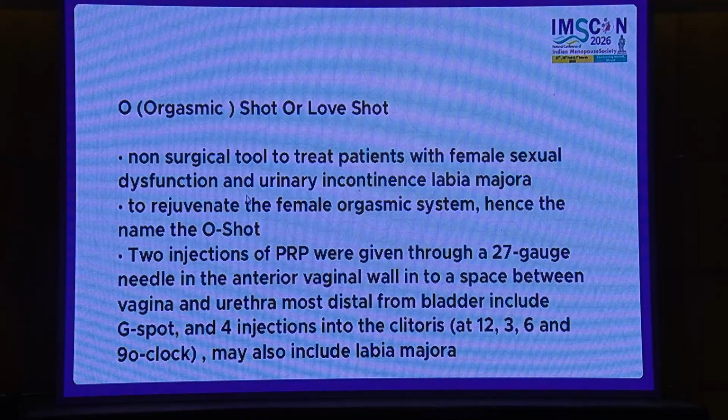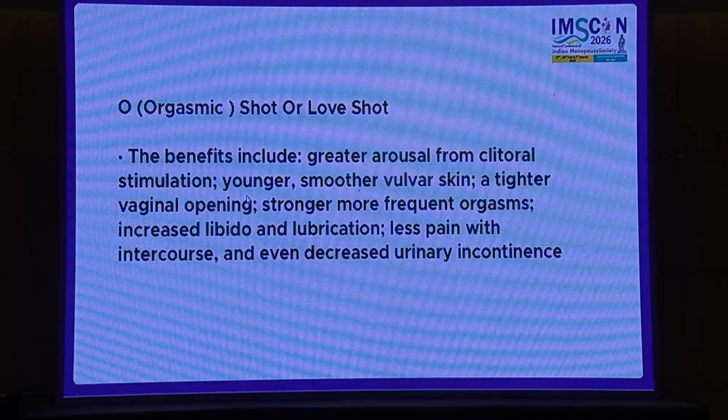The O shot or the love shot, everybody wants to know about it. It is a non-surgical tool to treat patients with FSD and urinary incontinence and for rejuvenation of the labia majora. 2 injections of PRP are given by a 27 gauge needle in the anterior vaginal wall in the space between the vagina and the urethra, and 4 injections are given around the clitoris at the 12, 3, 6 and 9 o'clock positions.